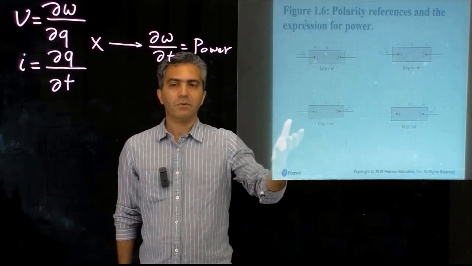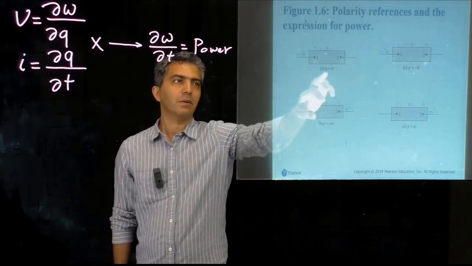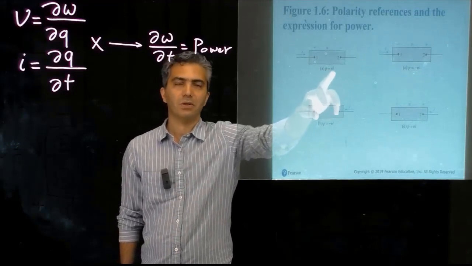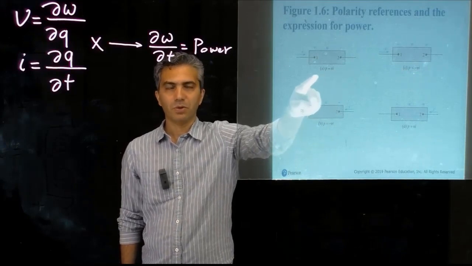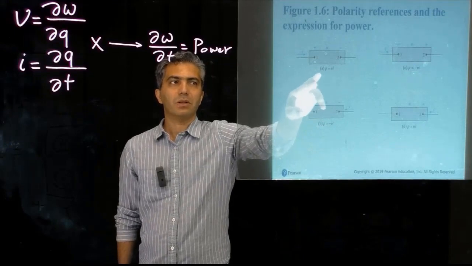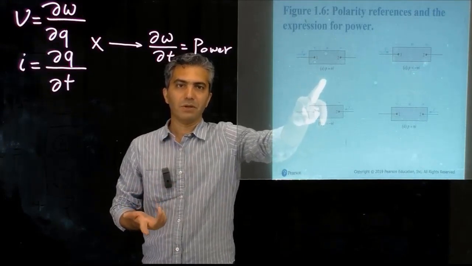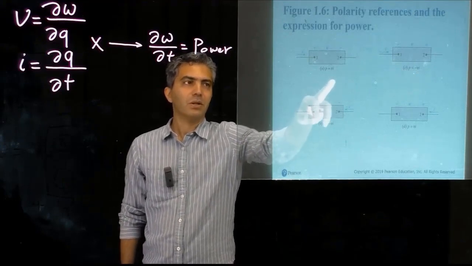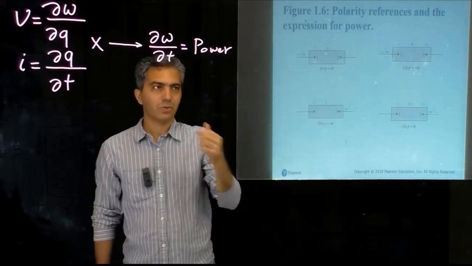So the unit for power is volt amp, because the unit of voltage is volts and the unit of the current is amps, so the unit of the power would be volt amp. In other words, the unit of the power is basically energy per unit of time. The unit of energy is joules per second. So the other way to say volt amp is joules per second.